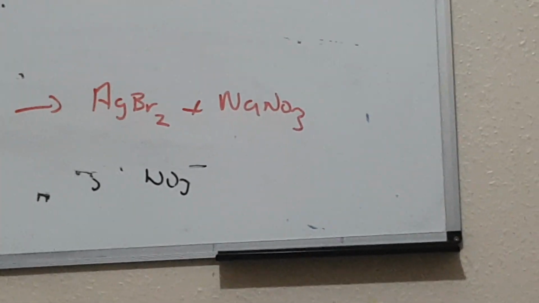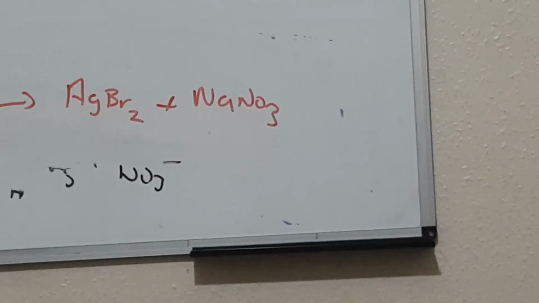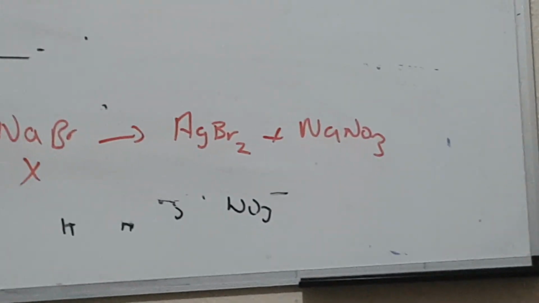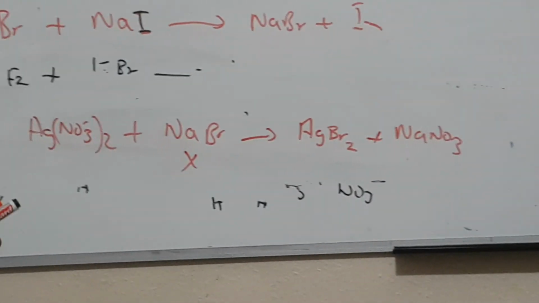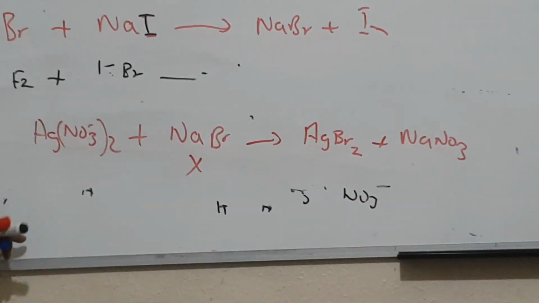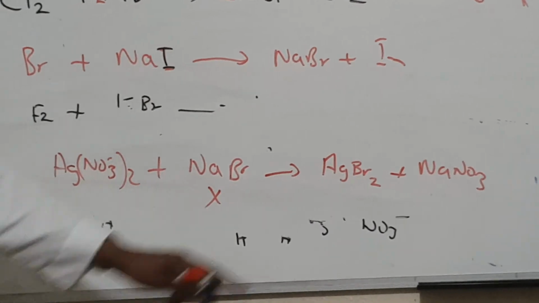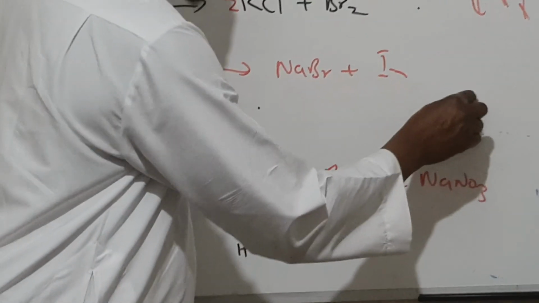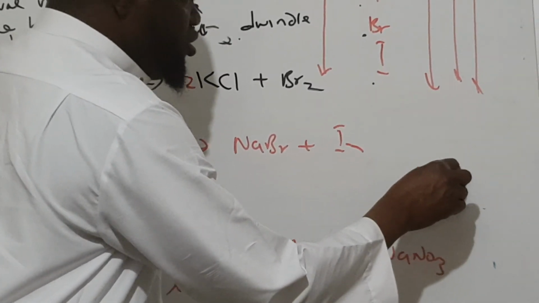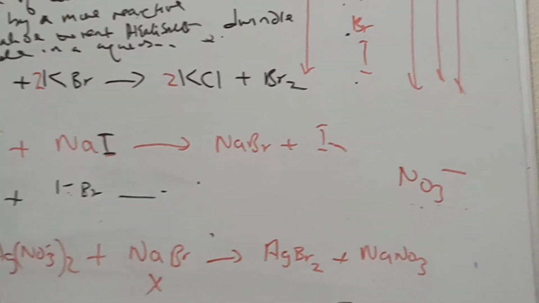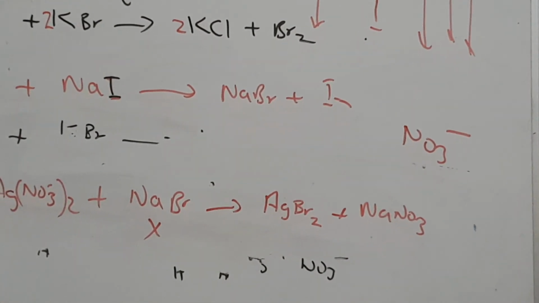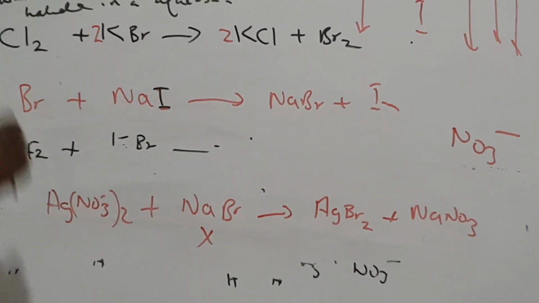Okay? Sodium is in group 1, so it will be 1 plus. And what is this radical? NO3 is what minus? 2 minus. You have to be serious, you know? You have to be serious.